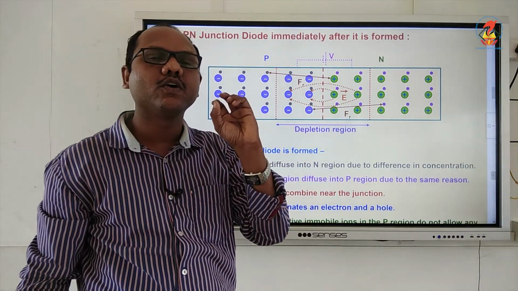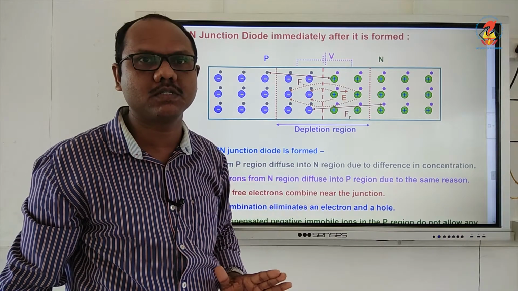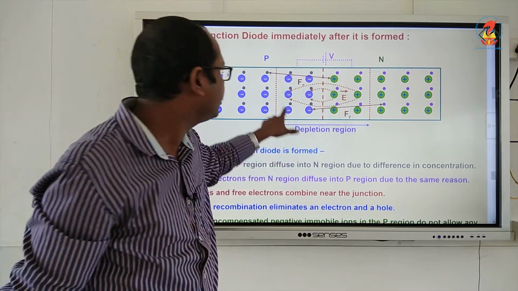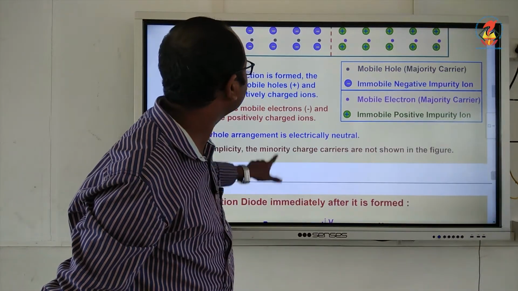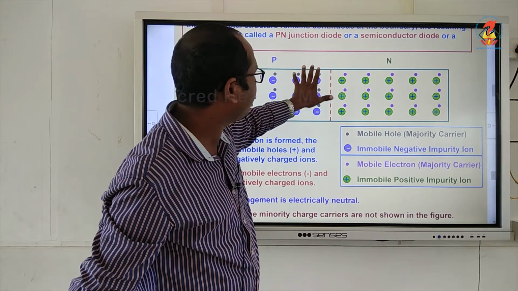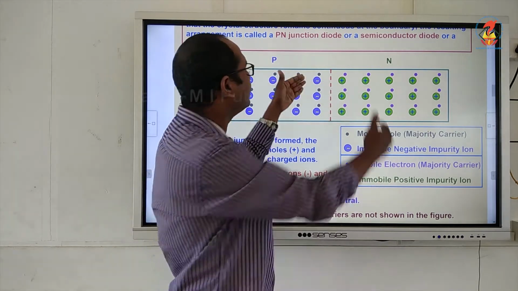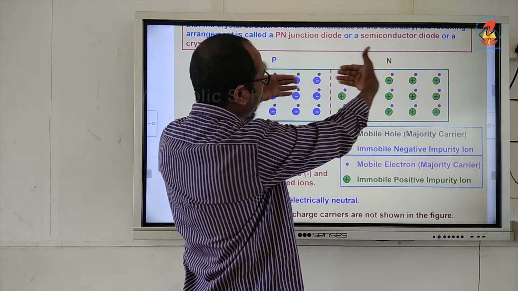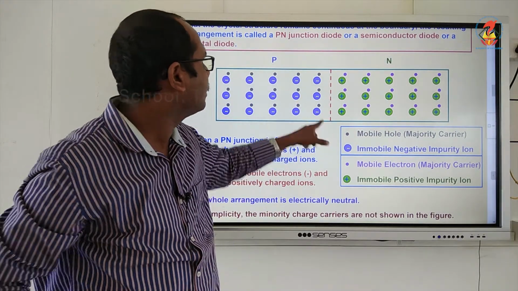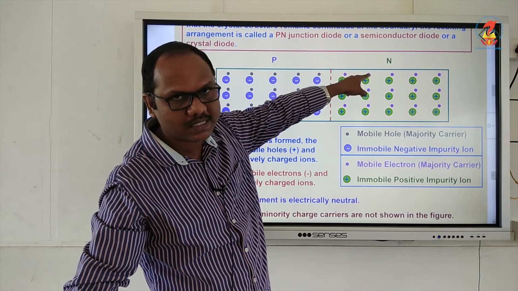Now there are no more free electrons or free holes, because in the beginning there were some free electrons and holes. That means in our first figure, this was the junction, here there were some free holes and here there were some free electrons. They cross the junction, cross each other and combine. That means holes here combined with the electrons on this side.